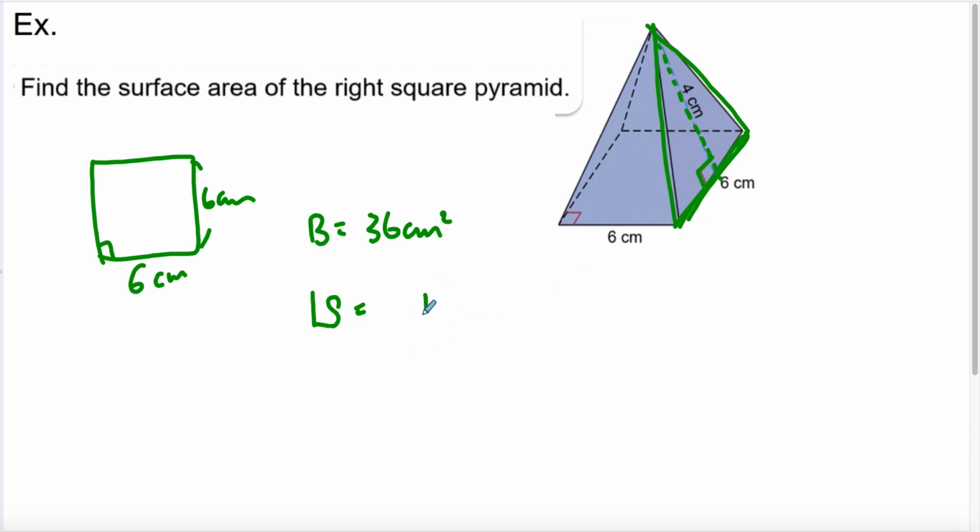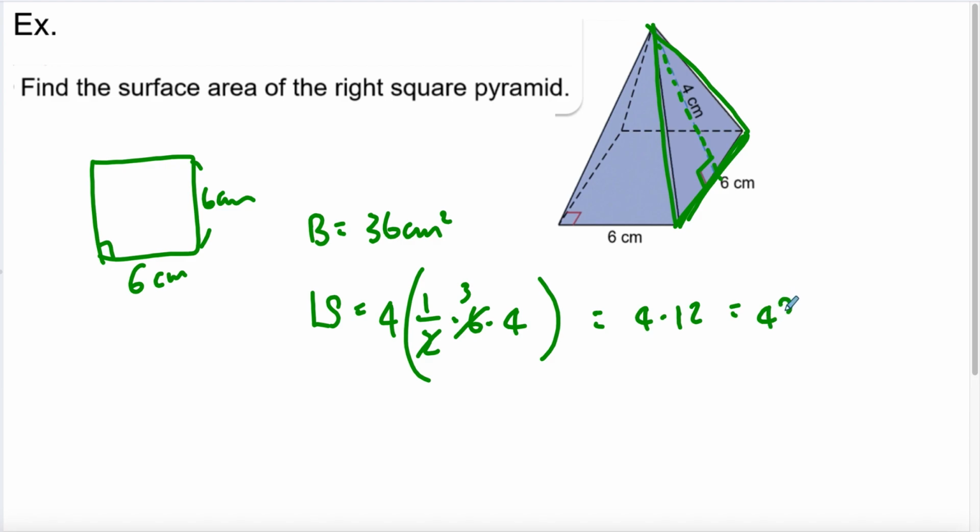So I know 1/2 times 6 times 4 will give you one face, right? But we have 1, 2, 3, 4, all the same thing, so there are 4 of them. That is the lateral surface. And if you simplify this, you have 12 times 4, which is 48 square centimeters as the lateral surface area.